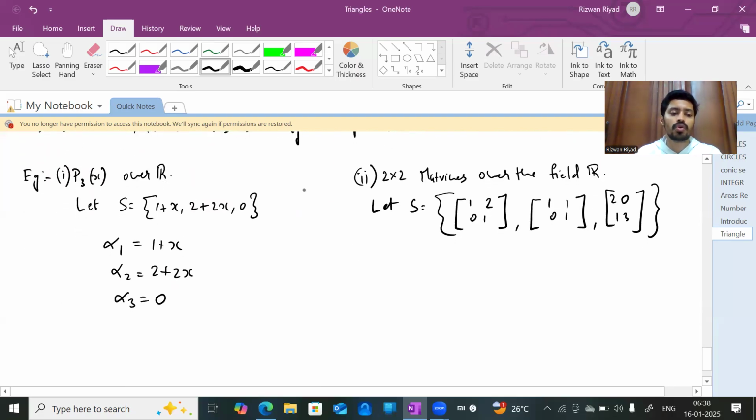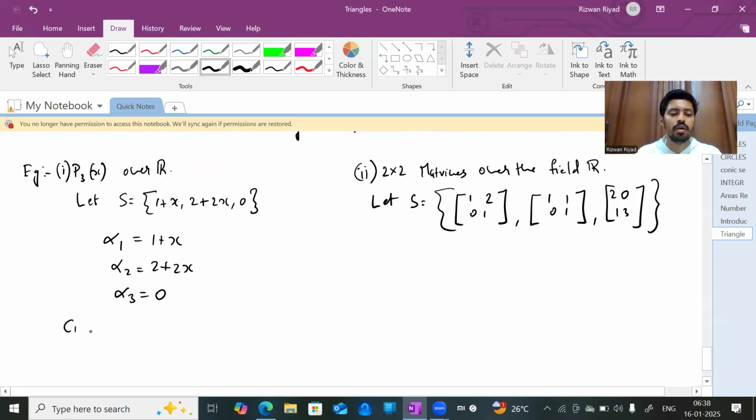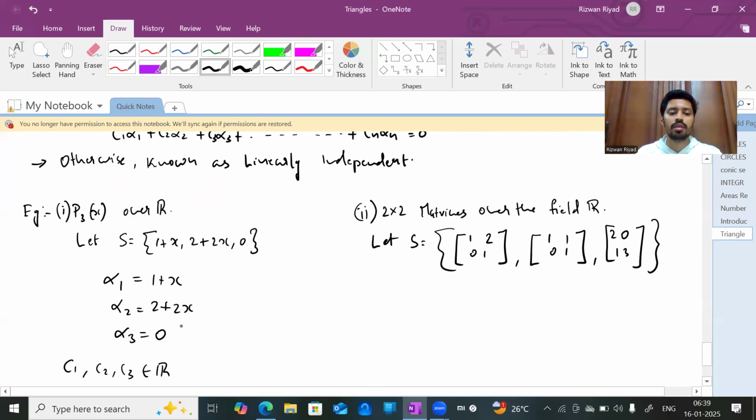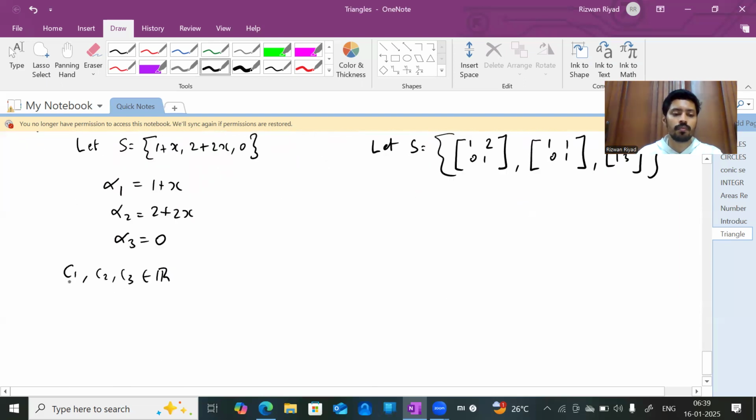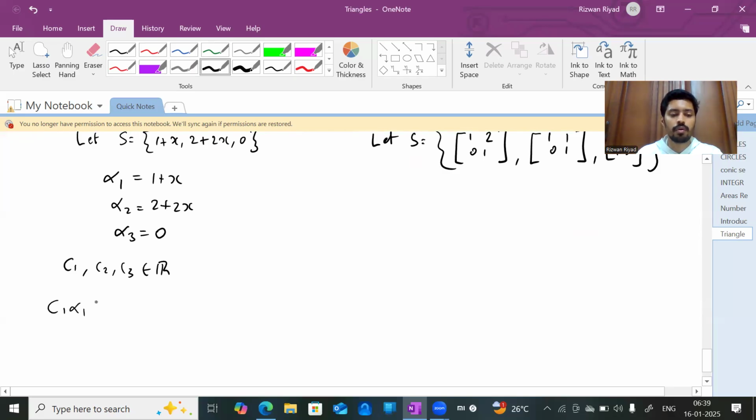See, suppose you have C1, C2, C3 belongs to R. Then let's apply in this equation C1 alpha 1 plus C2 alpha 2 plus C3 alpha 3 etc. up to Cn alpha n equal to 0. C1 alpha 1 plus C2 alpha 2 plus C3 alpha 3 equal to 0.